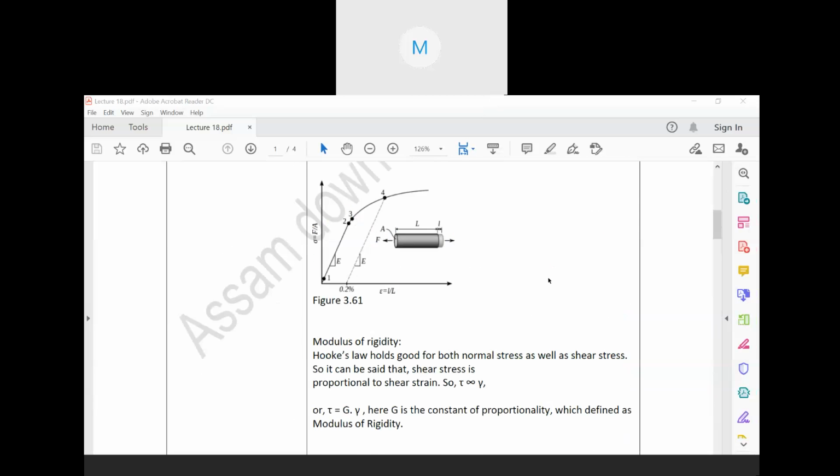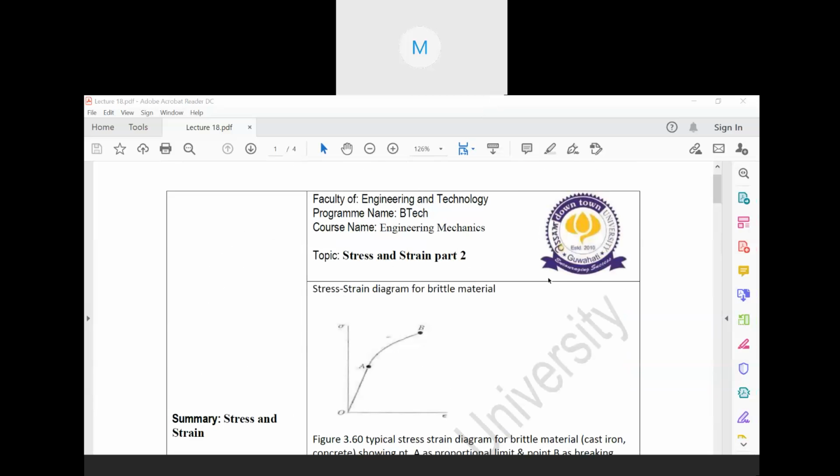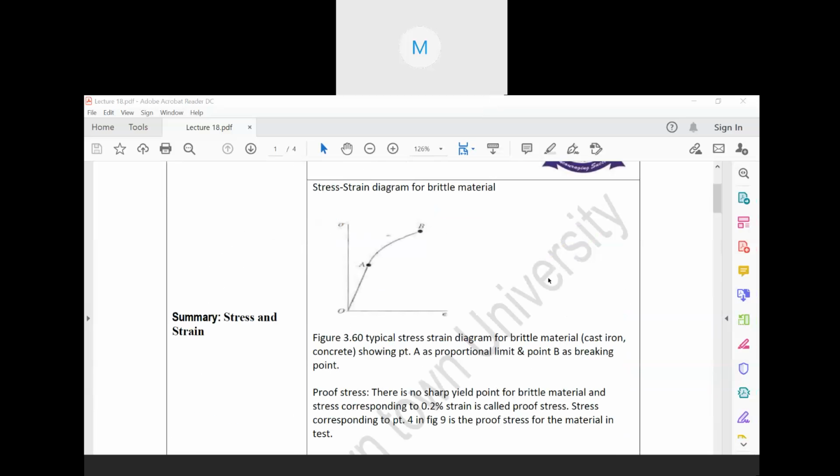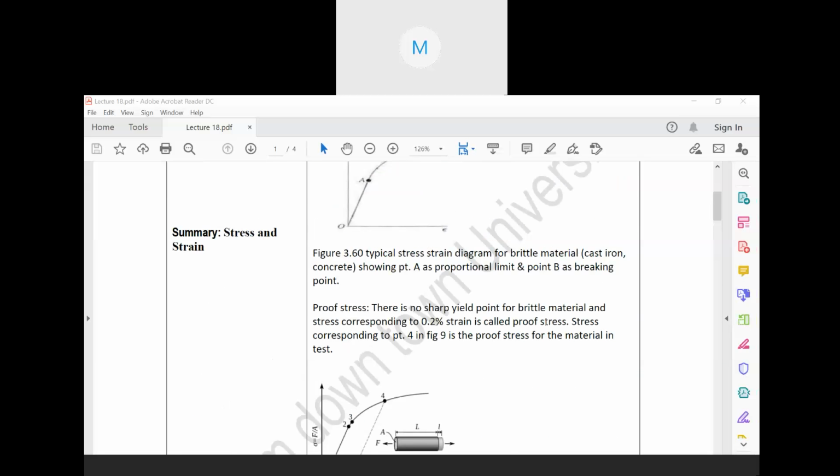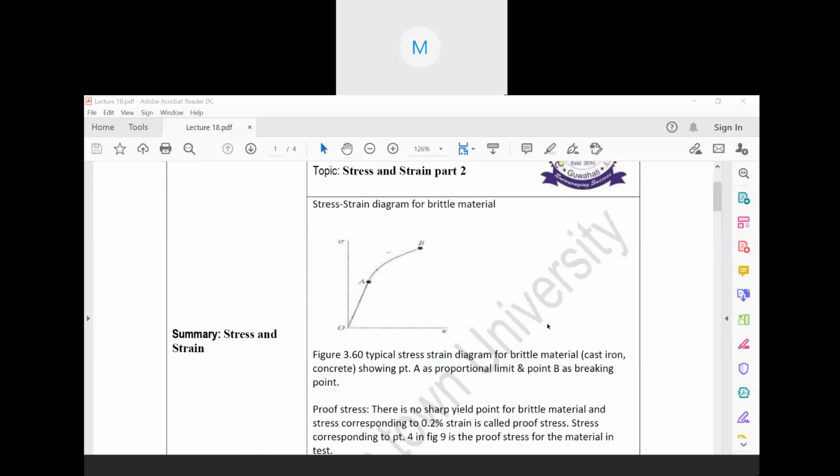We discussed stress and strain, right? In stress and strain, we all know that stress is force per unit area, and strain is what? Change in length per unit length.